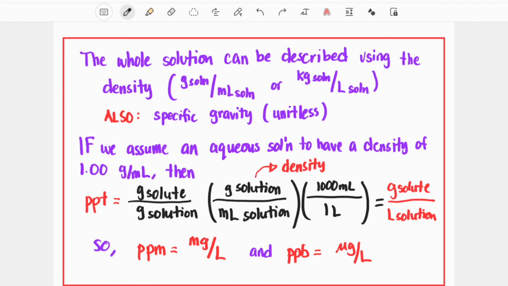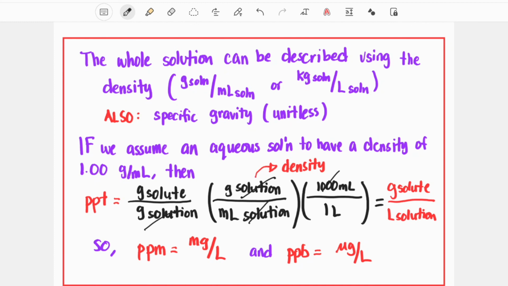But if I multiply it by the density, which is 1, so this is not illegal, I can actually cancel out gram solution, leaving me with gram solute per milliliter of solution. And by multiplying it with 1,000, which is provided in the formula for parts per thousand, I am actually converting my parts per thousand into a new unit, which is gram solute per liter solution.